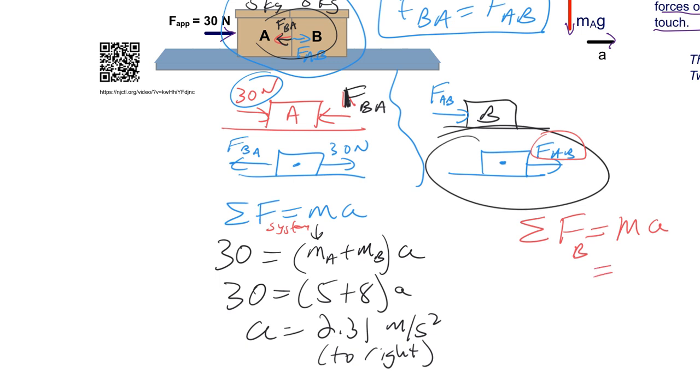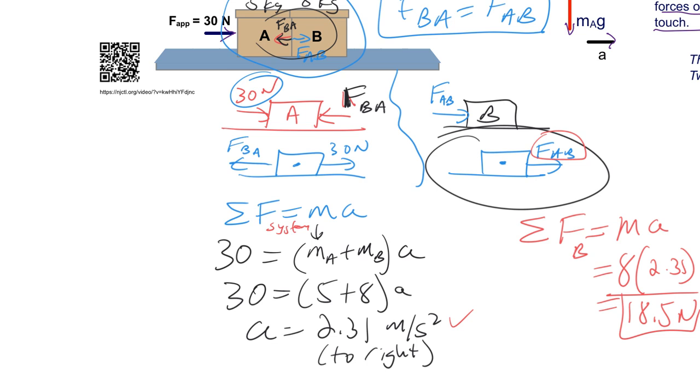We already know the mass is 8 kilograms. Acceleration we just found, 2.31. So 8 times 2.31 is 18.38. So it's 18.5 newtons pointing to the right.